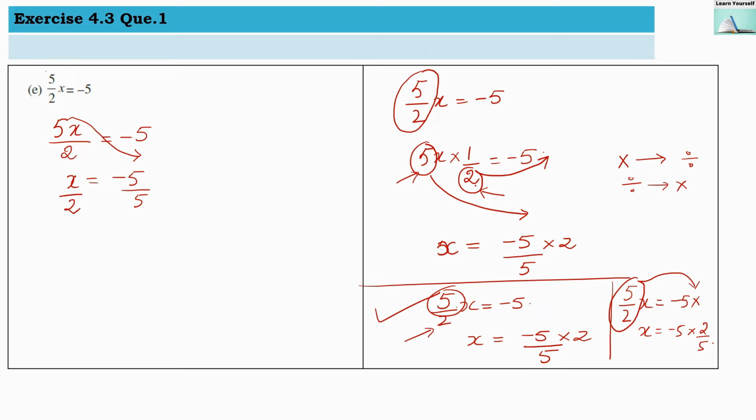Now I want to take this 2 also to the LHS, and it will go to multiplication in the numerator. So x equals minus 5 by 5 into 2. Now this 5 and the 5 above get cancelled and I get minus 2. So x equals minus 2 is the answer.